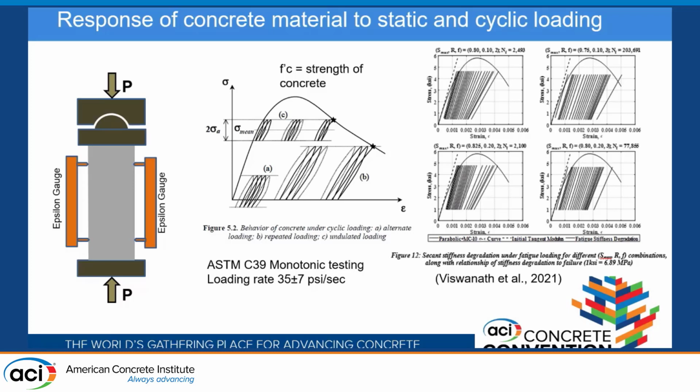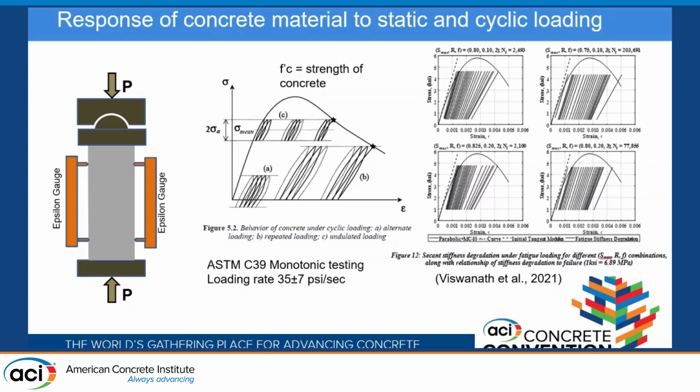So for compressive fatigue, we are using cylindrical specimens with 4-inch diameter and 8-inch height, and we are measuring the strain around the perimeter. In this plot, we see the stress on the vertical axis and strain on the horizontal axis.